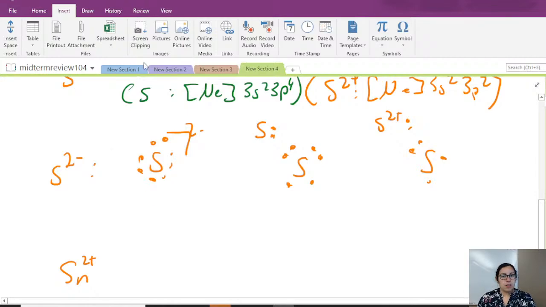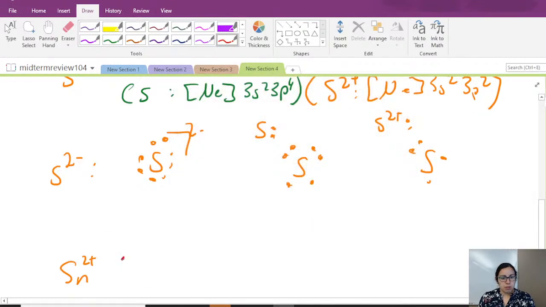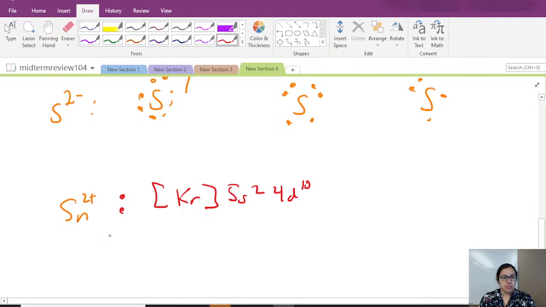And then who wants to give me tin? And so notice it's tin 2+. So what noble gas should we start with? Krypton, and then what comes next? 5s2. And what's next? 4d10. And then we have to stop here since it's, again, tin 2+.